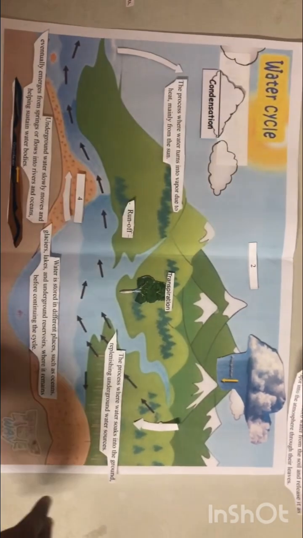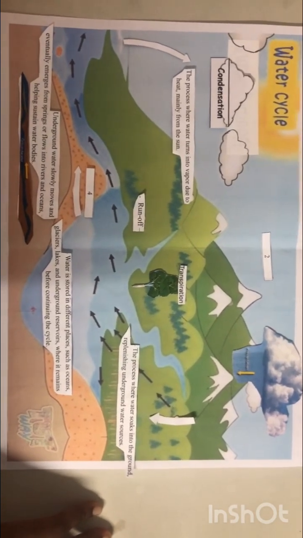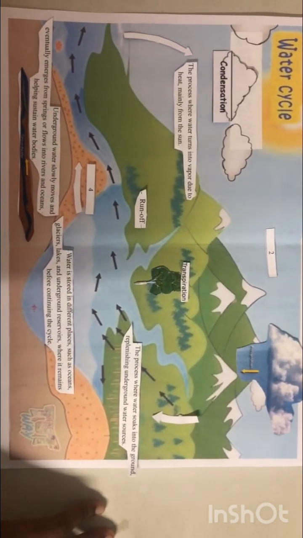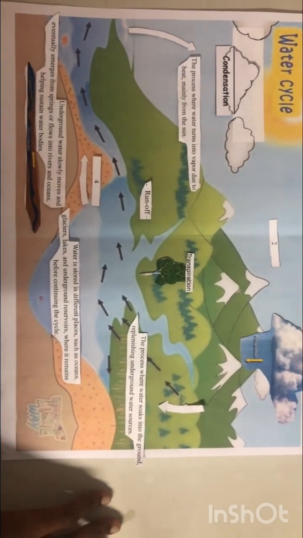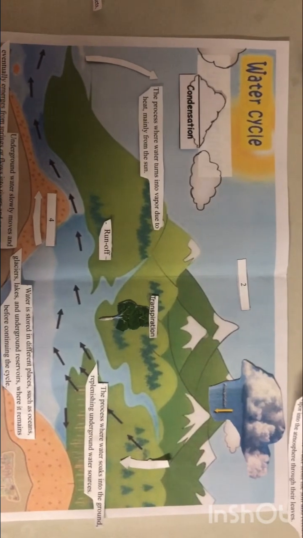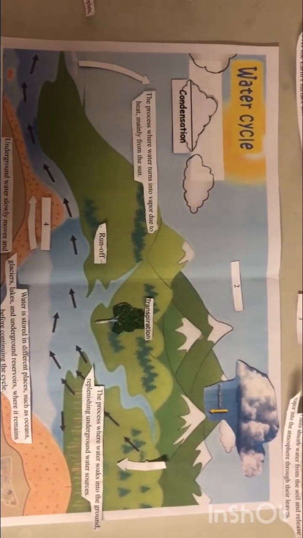I've just labeled the graph, but if you look closely, you can see that it's still missing some important points. For example, on the left hand side, it's written, the process where water turns into vapor due to heat, mainly from the sun.